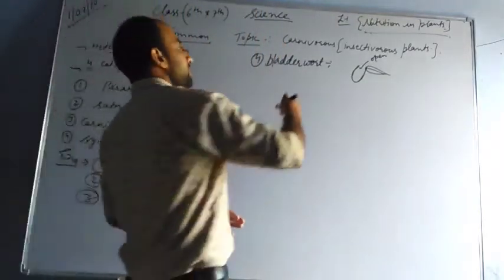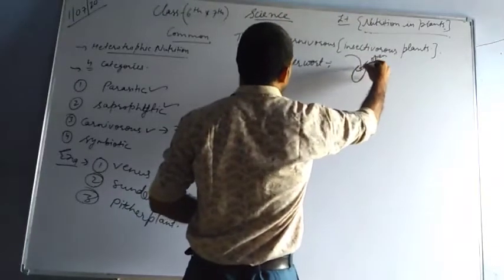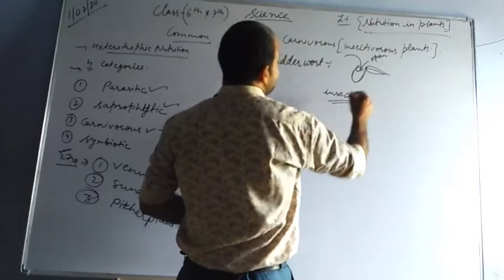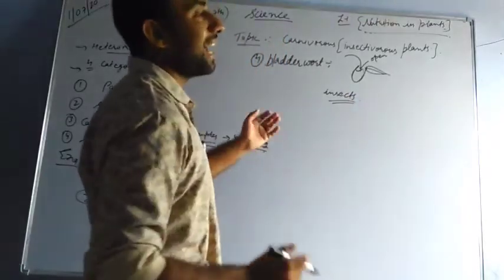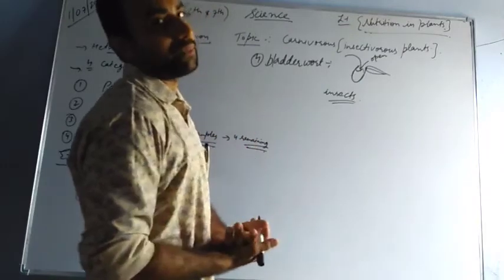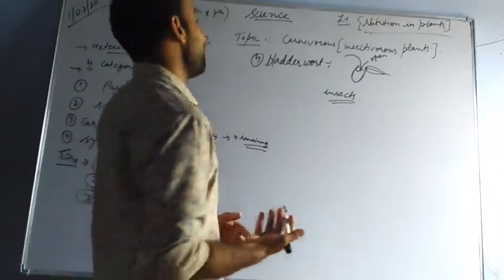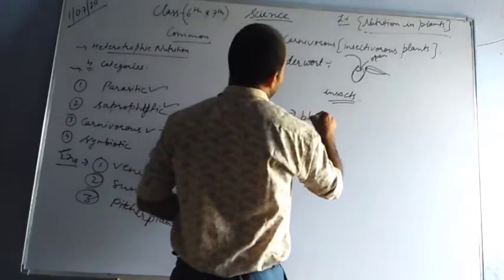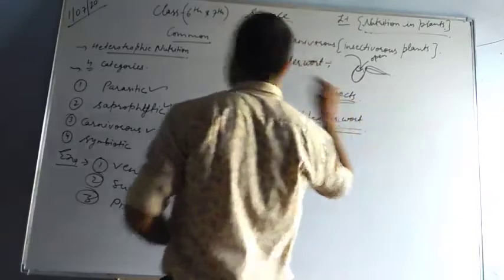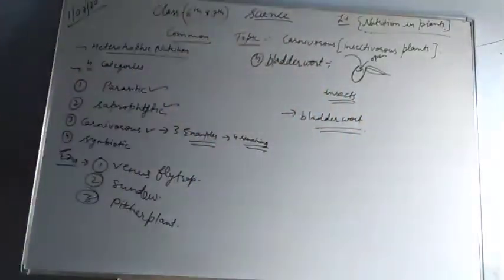What happens in this bladder is that insects come inside, and the plant digests the insect and takes nutrition from it. This kind of plant is called bladderwort.